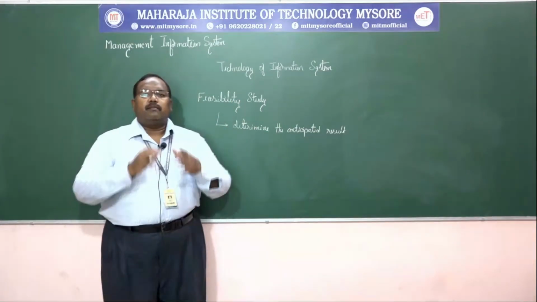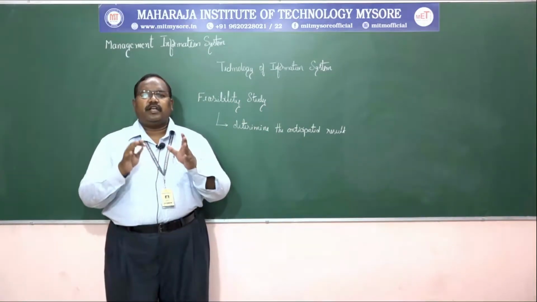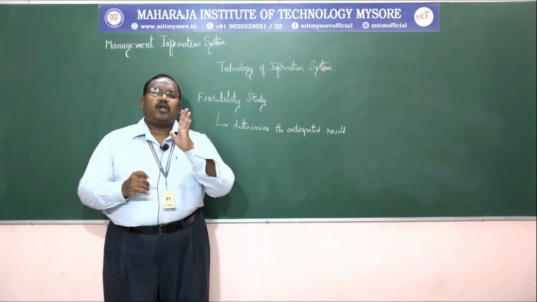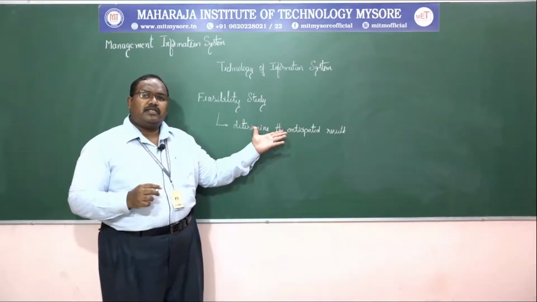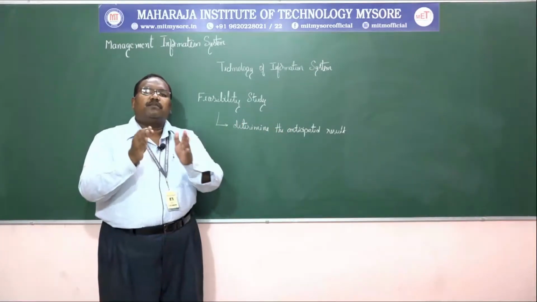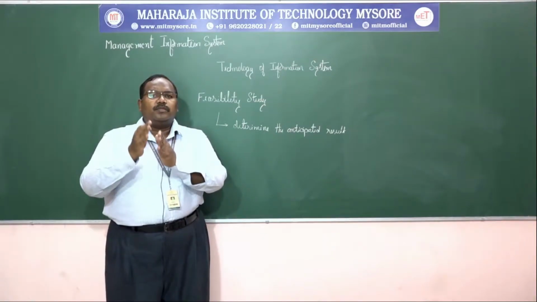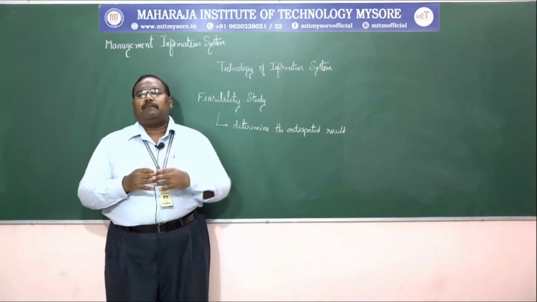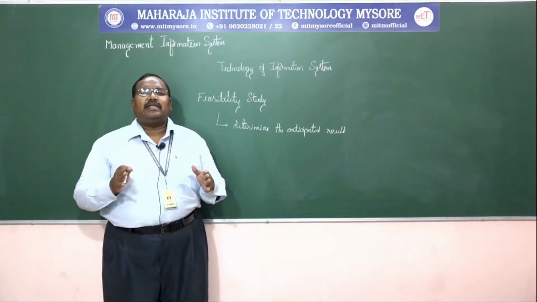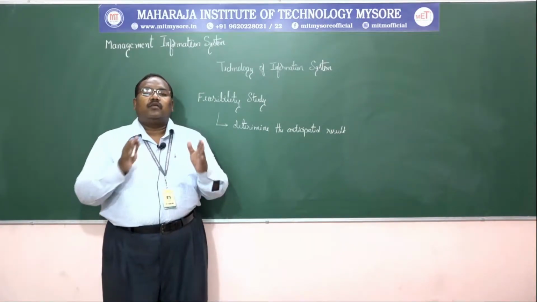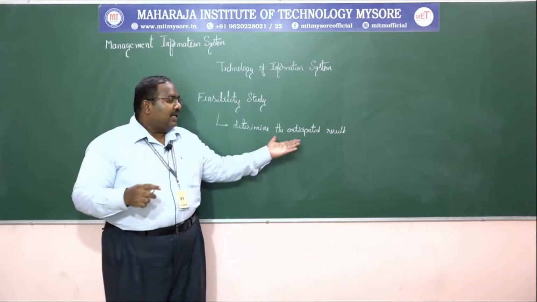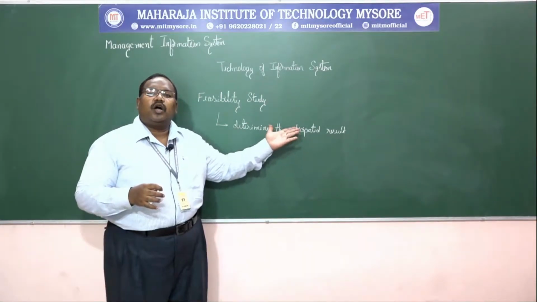I would restate this again. The main objective of the feasibility study is to determine whether or not it is possible to get the anticipated result from the plan, whether we are able to get the expected result or not.